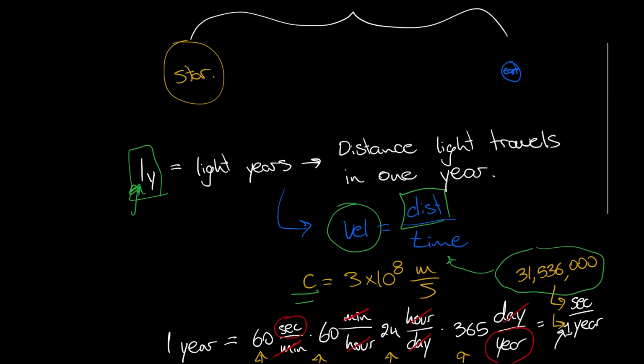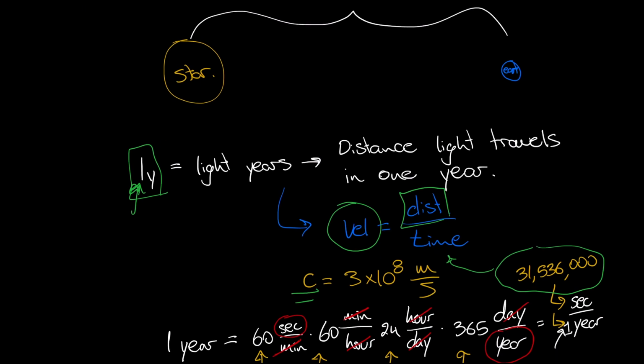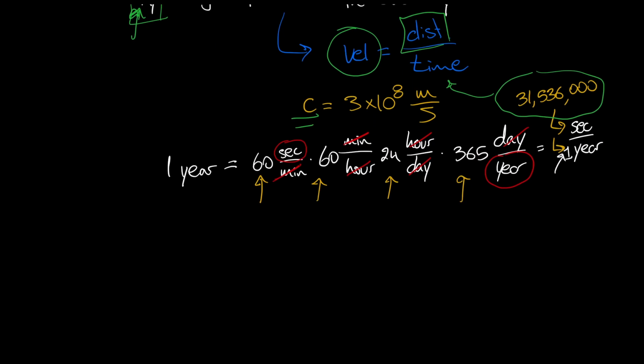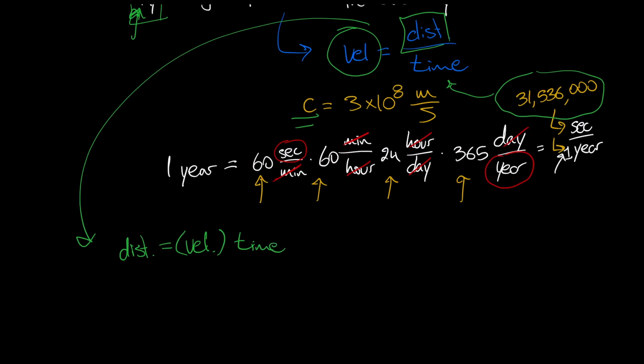Anyway, at the end of this calculation, we're going to get a light year in meters. So how do we get that? I'm going to pull this equation down here. We have distance equals velocity times time, right?